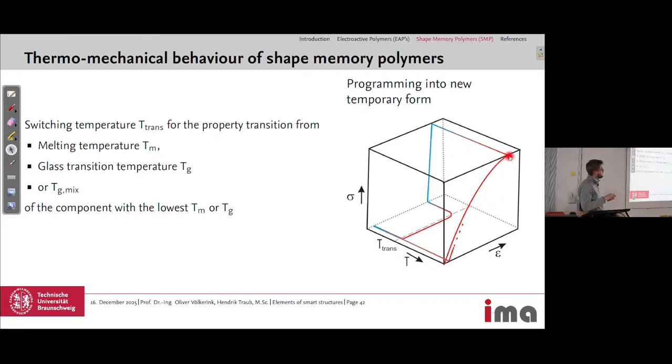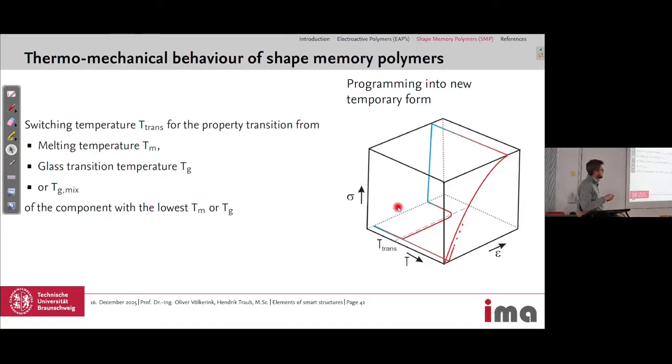And if we have the shape we want to lock, then we cool it down again and release the external force to deform it. Then we are going down here, so force is removed. And then we have here, let's say, the new shape of the shape memory polymer.